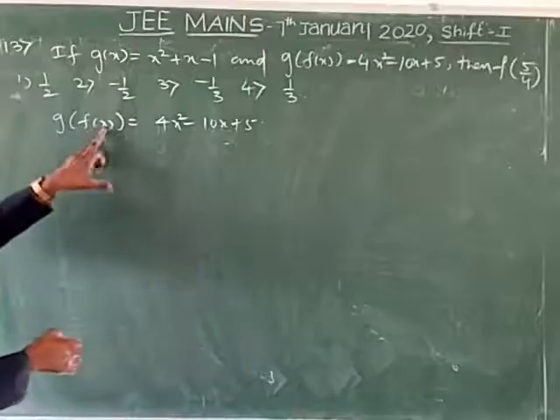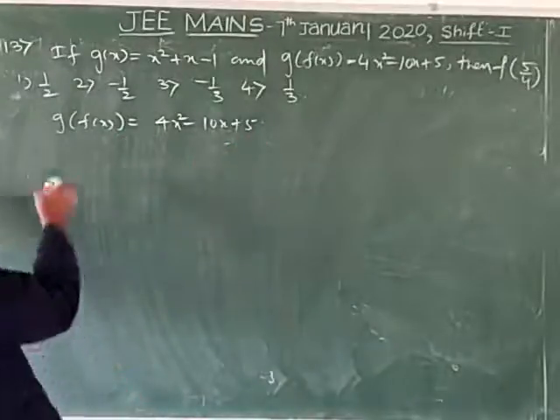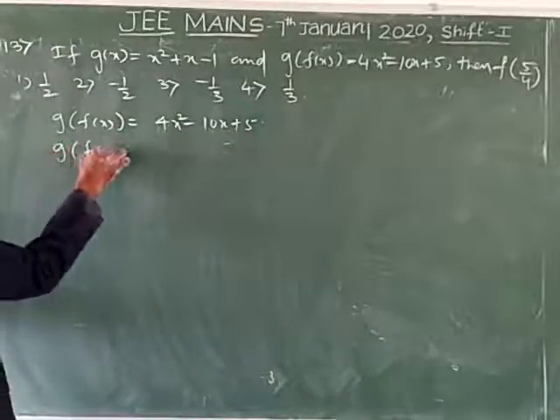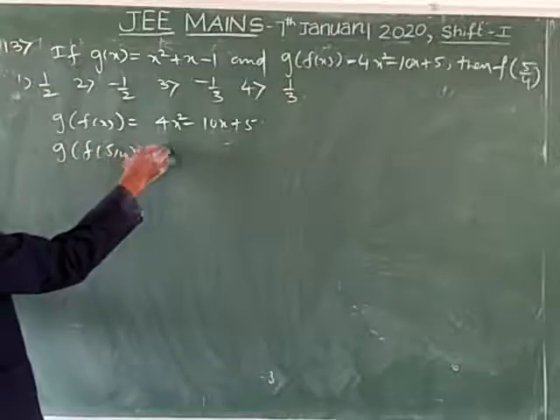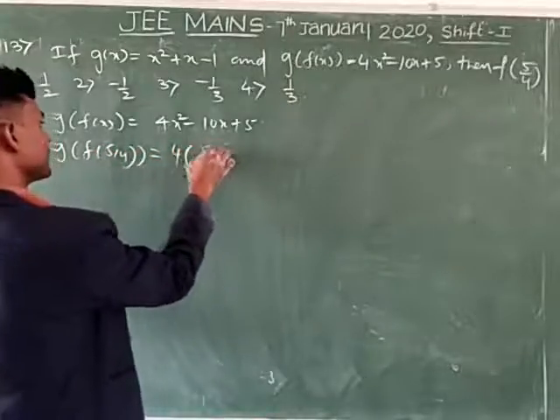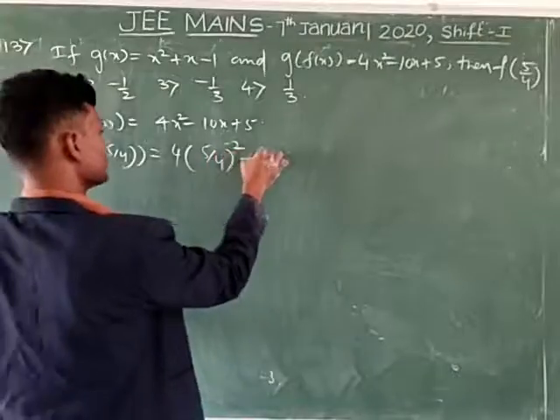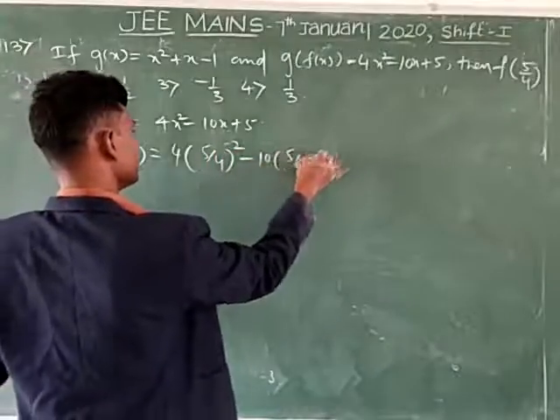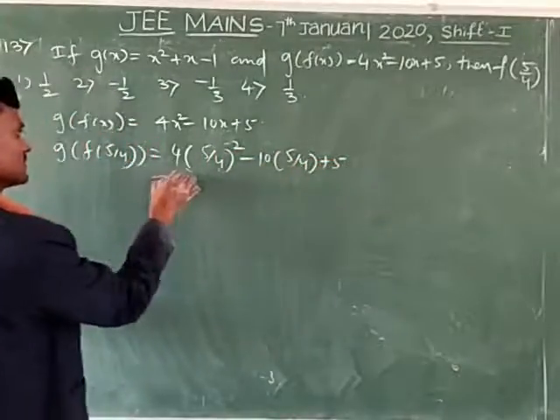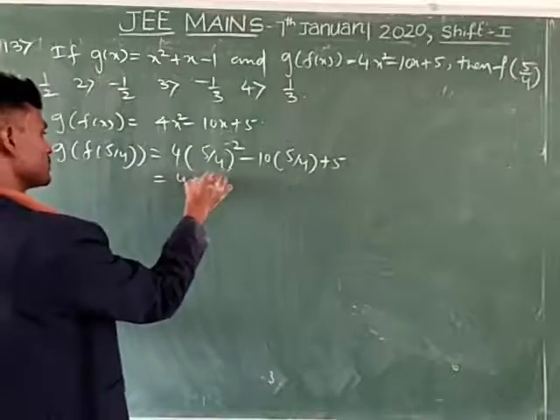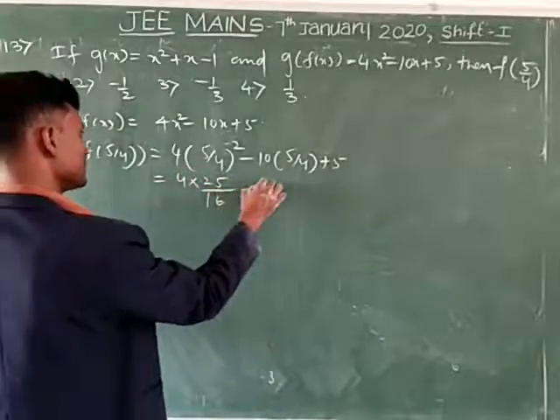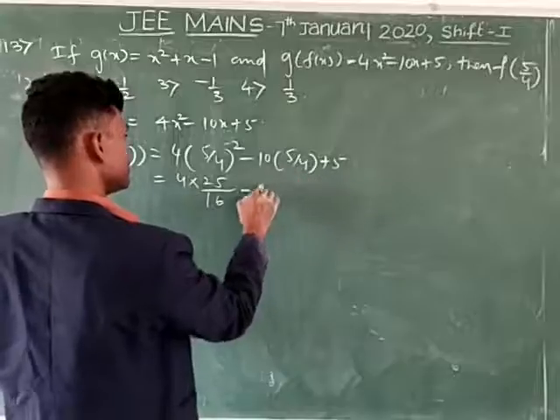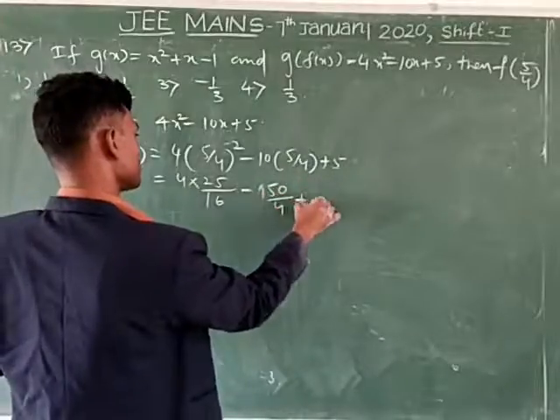Here, instead of x you have to take 5/4. Then g(f(5/4)) is equal to 4 into (5/4) whole square minus 10 into 5/4 plus 5.